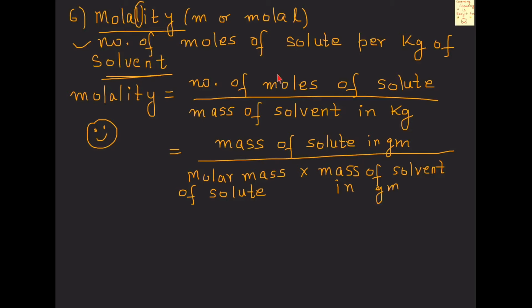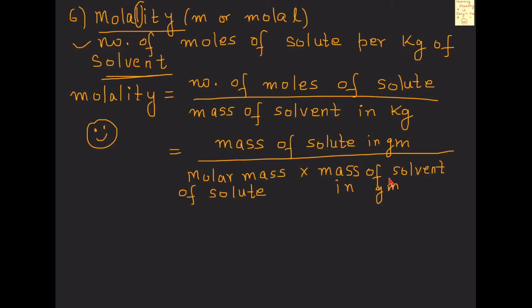Number of moles is mass divided by molar mass. That's easy. Mass of the solute in grams divided by the molar mass of the solute, into, instead of taking the mass in kg, we take the mass of the solvent in grams.